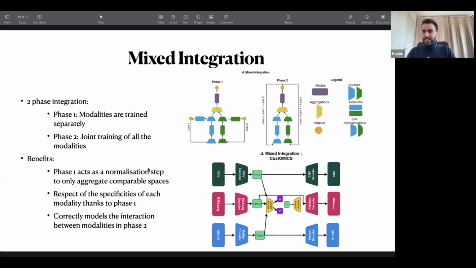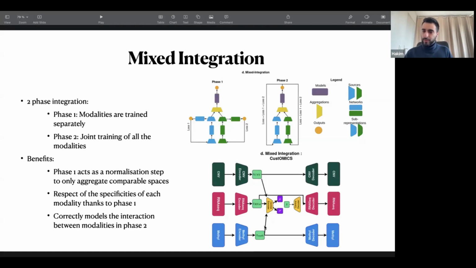The idea here is to do the integration in two parts. In the first part, we train each modality separately to create its own latent representation. So here we have a first part where we go through a variational autoencoder for each one of the sources, by freezing the central encoder.